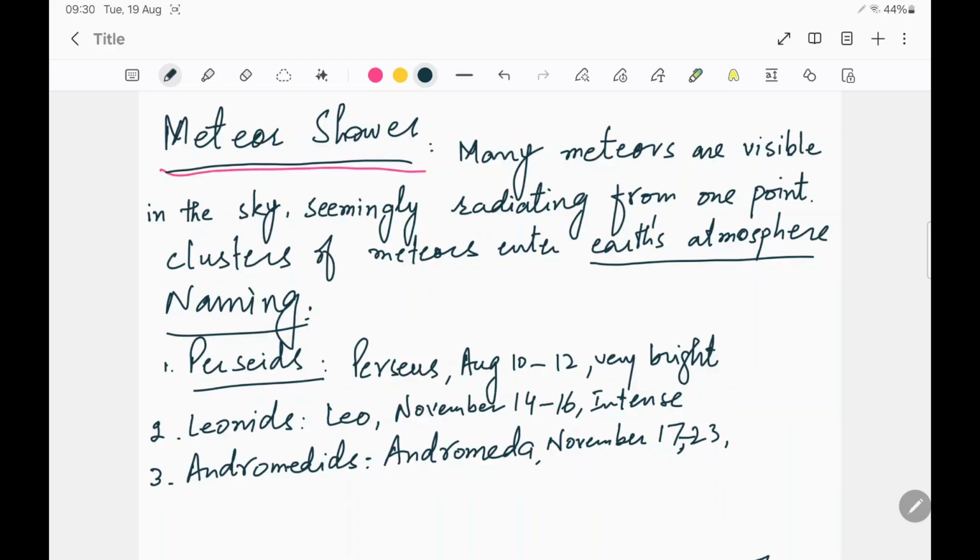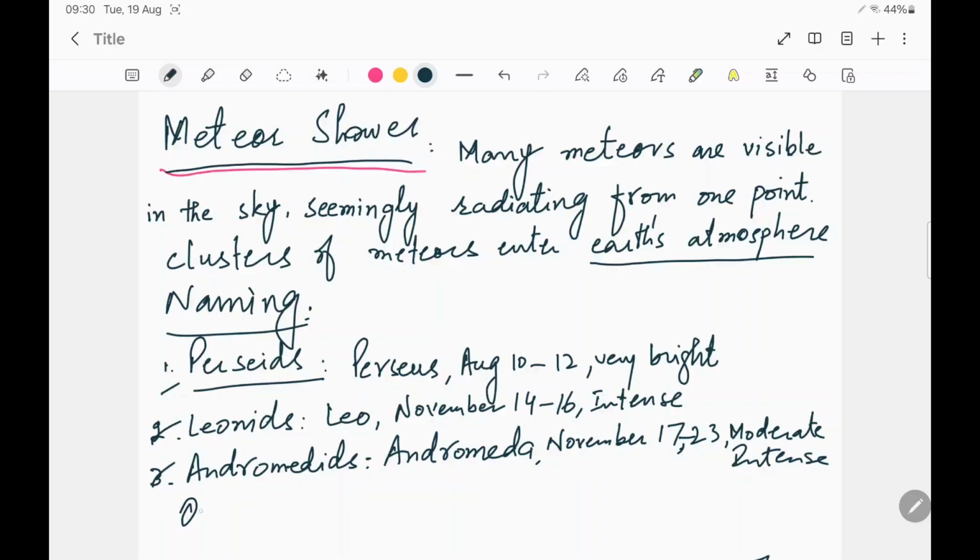And as I've said, in case of Leonids, they are very intense, but these are moderately intense meteors. So these are the three famous groups of meteors, or the major meteor showers, as we say.